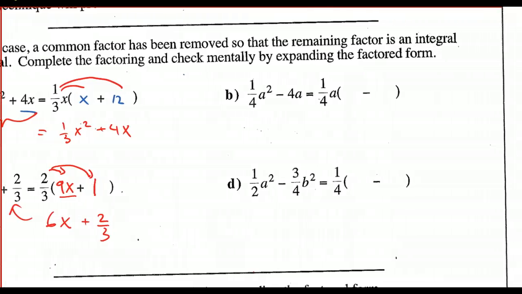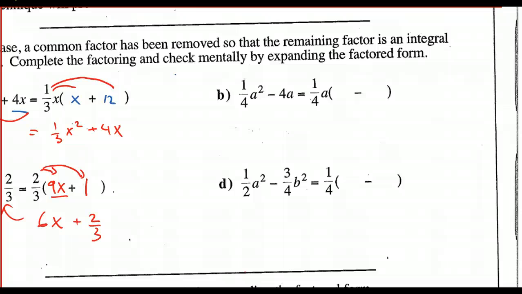Let's try this one over here. I have 1/2, and I'm taking out a quarter. So what's left when I take out a quarter from a half? Well, there's a couple ways you can do it. The reason we're multiplying by the reciprocal is this.